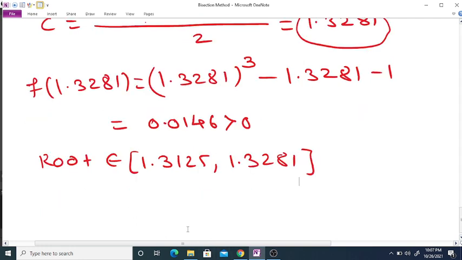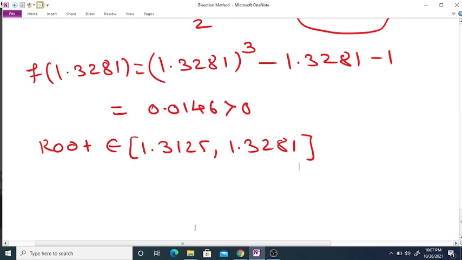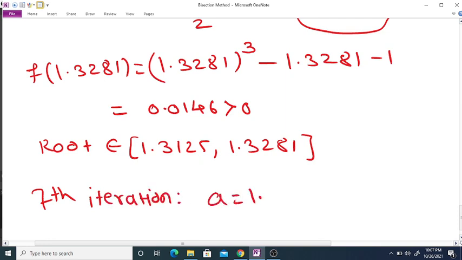Now in the seventh iteration, a is equal to 1.3125 and b is equal to 1.3281.